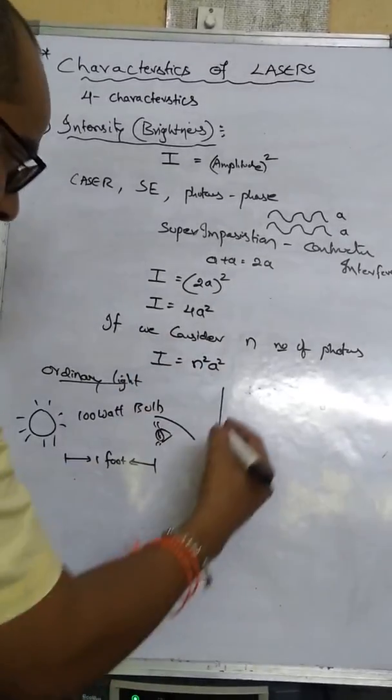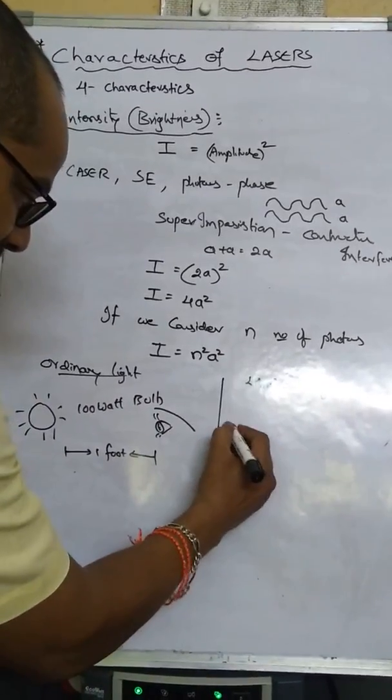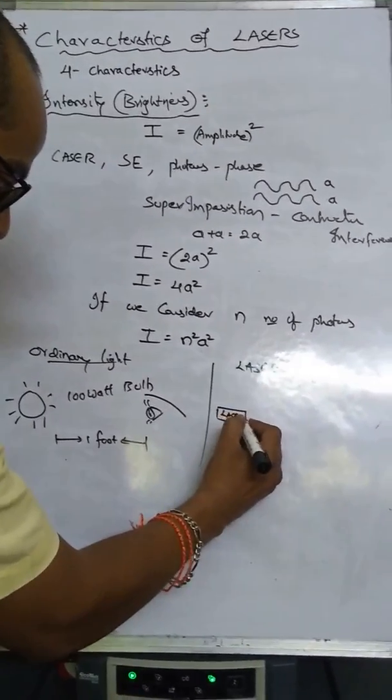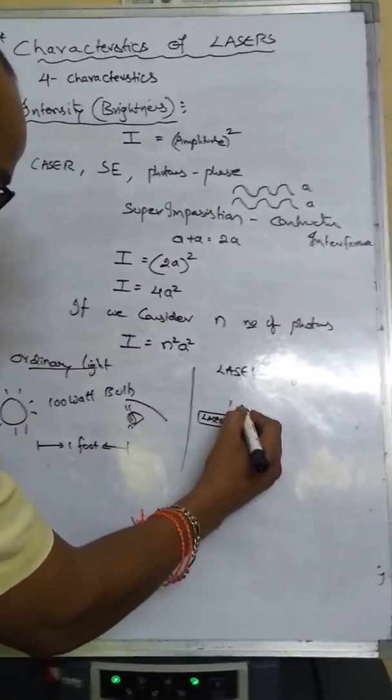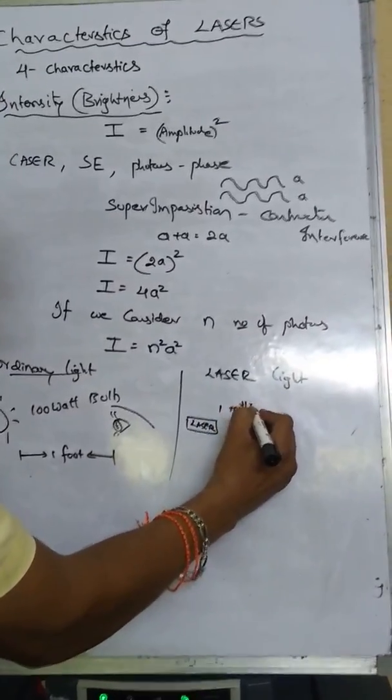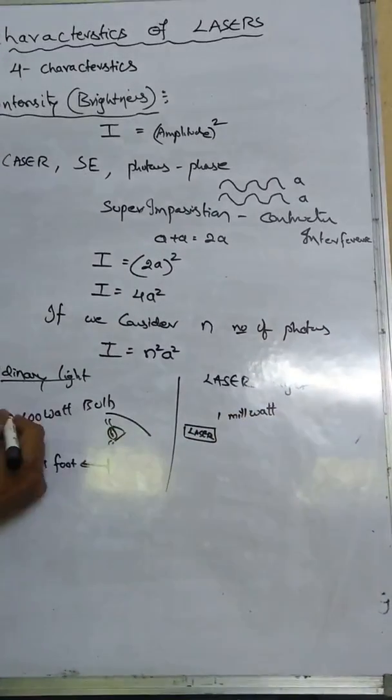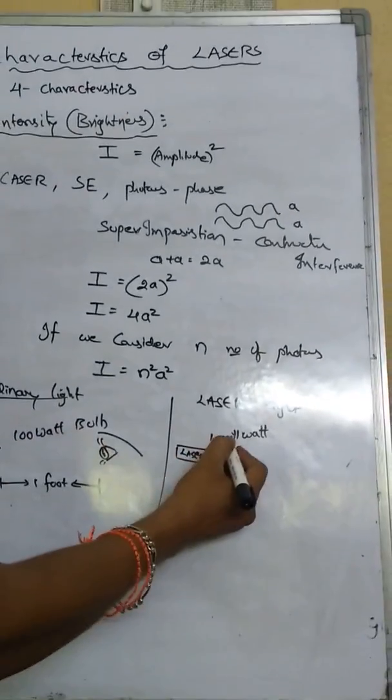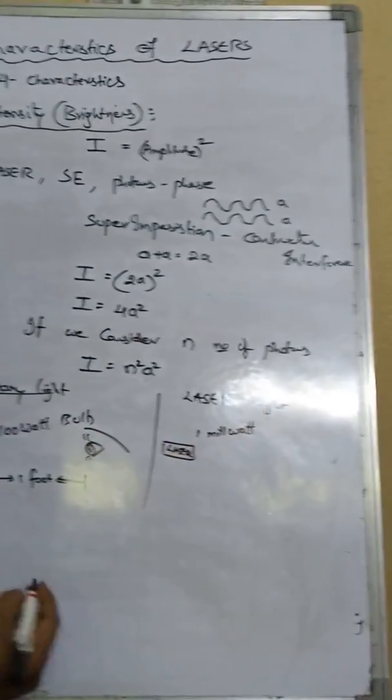But if you take the case of a laser light of 1 milliwatt, compare the values: this is a 100 watt bulb and this is only a 1 milliwatt laser source.